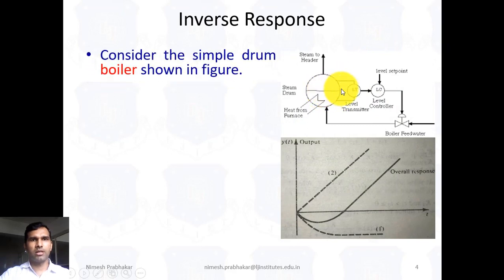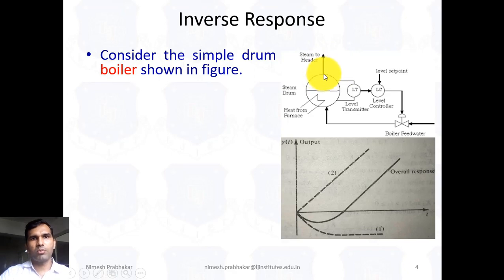This represents the drum area of the boiler, and this represents the input of the water, that means the inlet water line. From this line we give the water, and this is the generation of the heat.